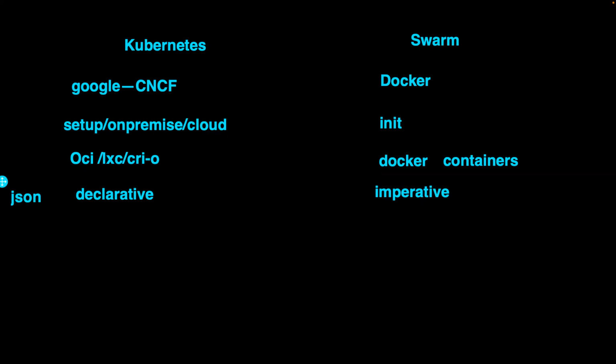Those manifests could be written in either JSON or YAML. That is the preferred approach in Kubernetes. And security-wise and auto scaling features, all of them are possible in Kubernetes. Auto scaling is also possible in Swarm, but you need to configure additional scripts and so on.